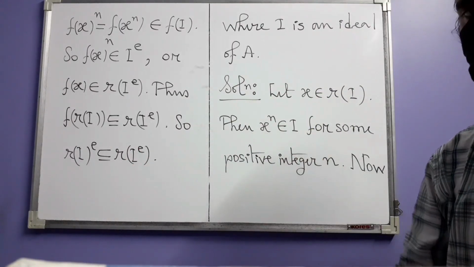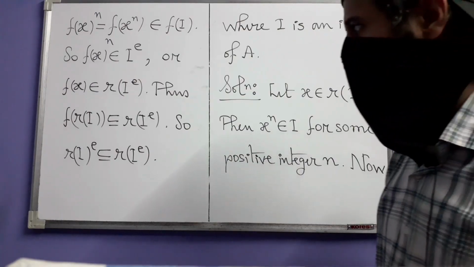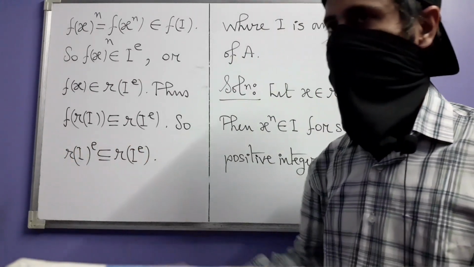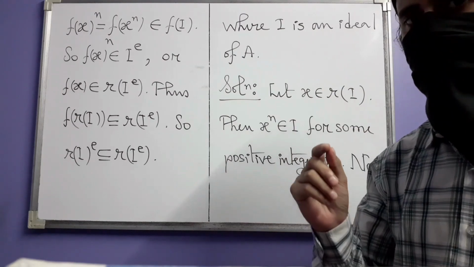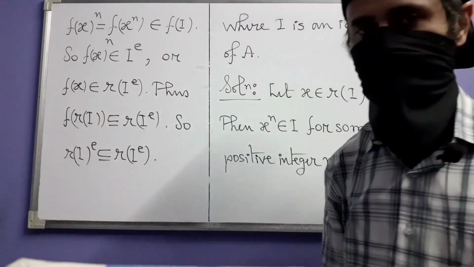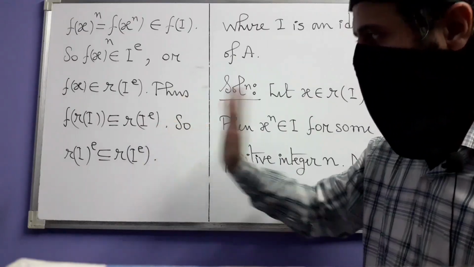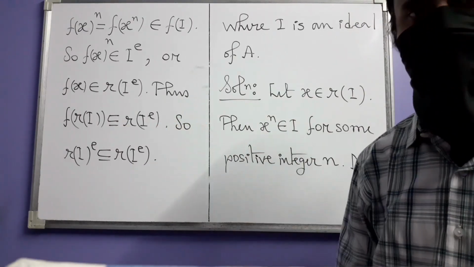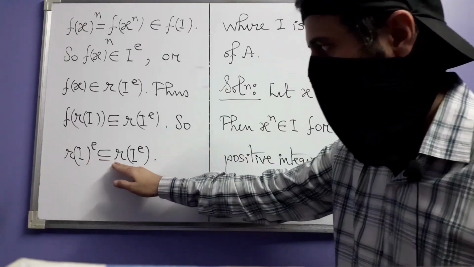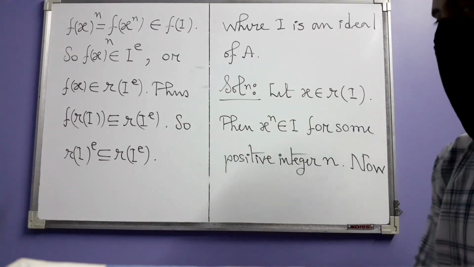I mean, you recall the definition once more. This extension is the smallest ideal of the ring B containing this set, and this is some ideal in B containing that set. So that smallest nature makes this one a subset of this.